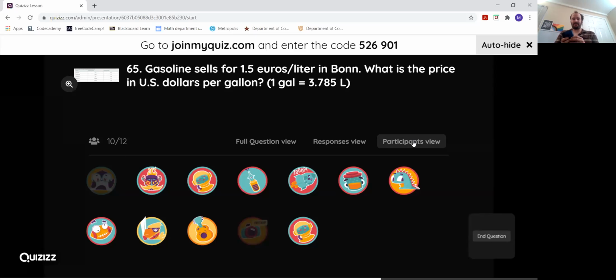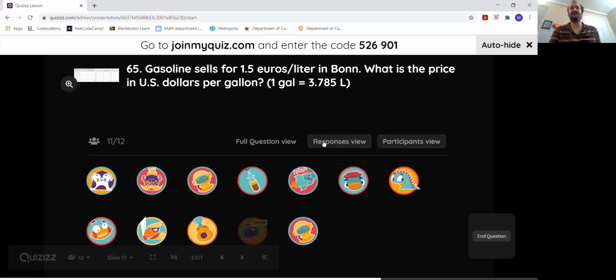It's a money amount, so you should definitely be rounding it to 2 decimal places. Where are we at? One person.